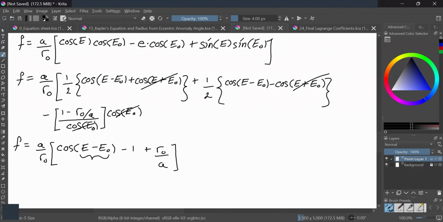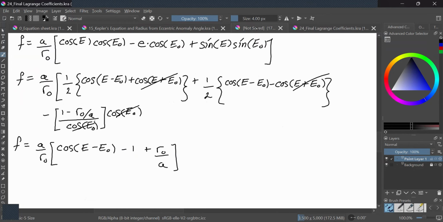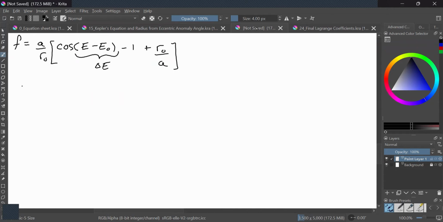Similarly to what we had in the theta set, where we defined a delta theta as the difference between the angles, we will define this as delta E. And when you've done that, you are going to have an F value of 1 minus a divided by r naught times the quantity of 1 minus the cosine of delta E.